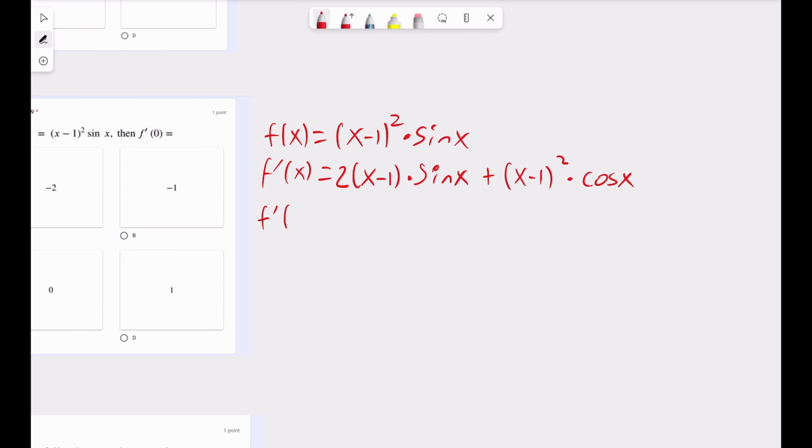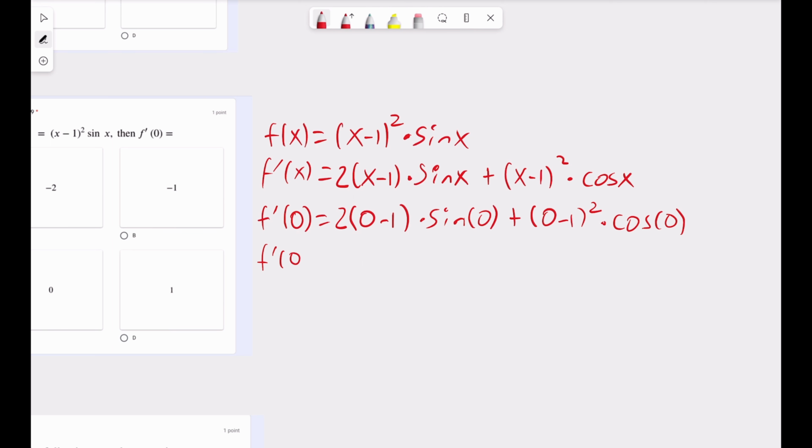So f prime of 0 is 2 times 0 minus 1 times sine of 0, plus 0 minus 1 squared times cosine of 0.